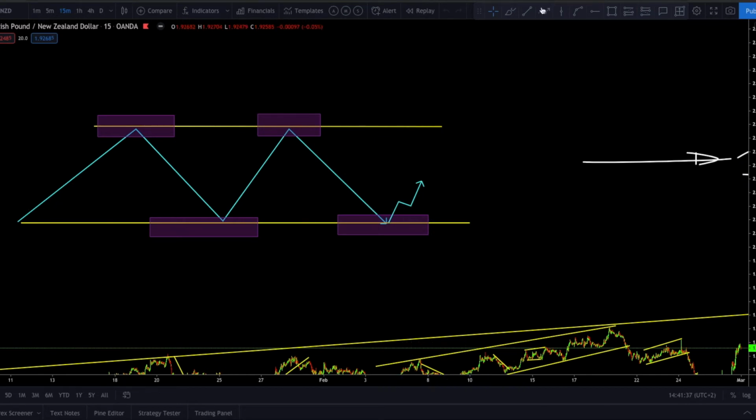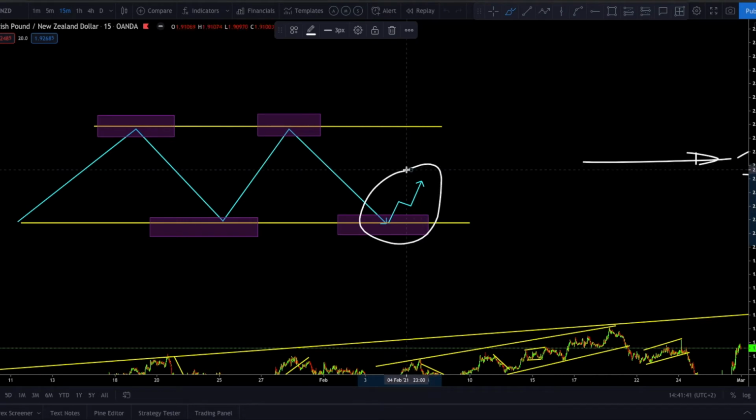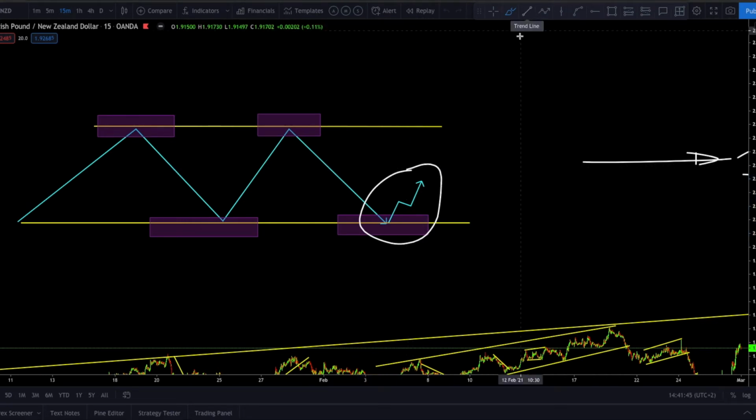So you find this on 1 minute, but only to find out that on 5 minutes this is only just one candle. Maybe it's two candles like this. But on 1 minute it seems like an impulsive move and a correction and another impulsive move.